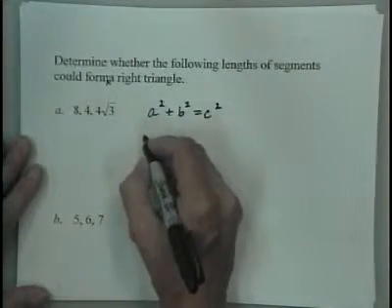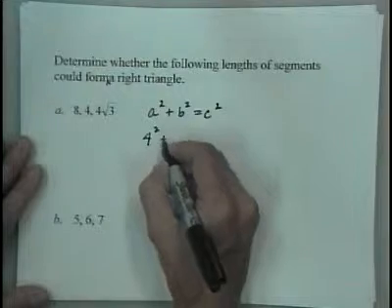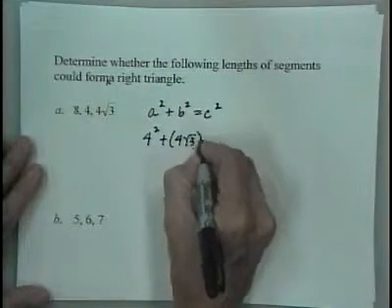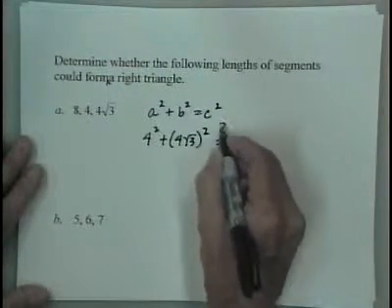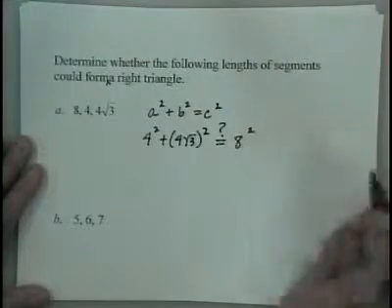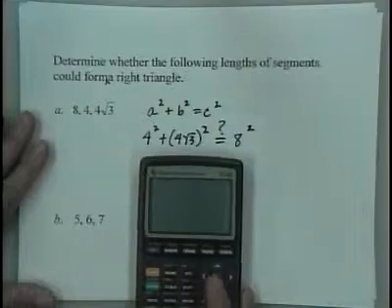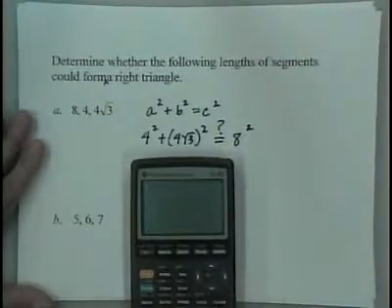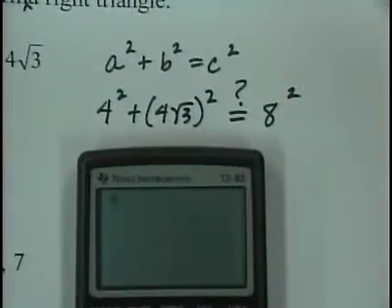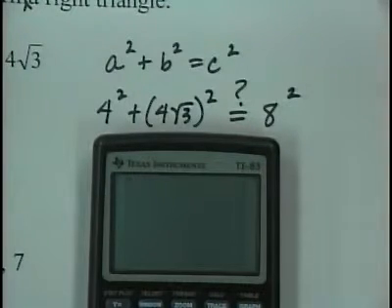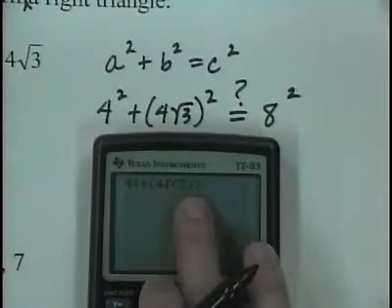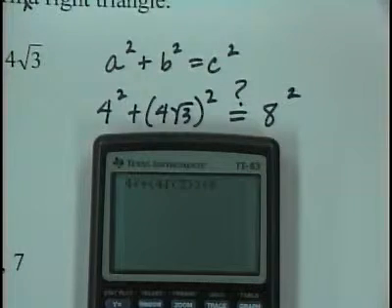So what I want to know is whether 4 squared plus 4 square roots of 3 squared is equal to 8 squared. I'll use a calculator to help. Starting with the left side, I'm going to find 4 squared plus, parentheses, 4 square roots of 3 closed twice, once for the square root and once because I'm now going to square that.